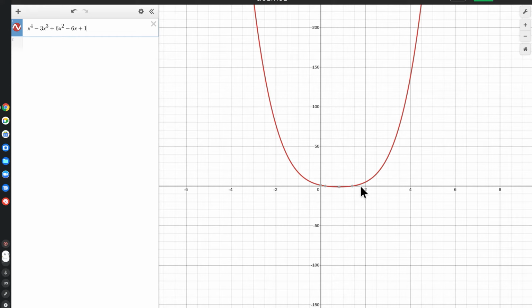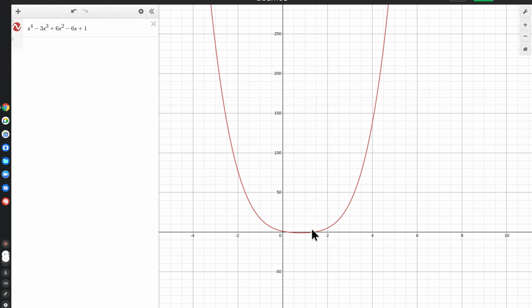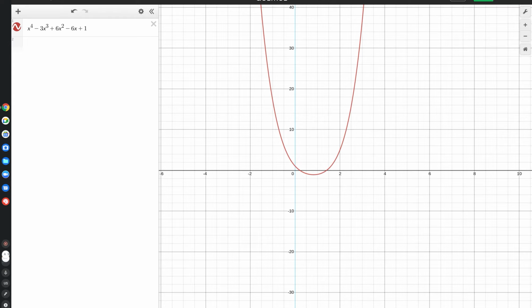I've just zoomed this out a little bit, because otherwise this would just skyrocket straight up. But now we can see it looks kind of like a parabola, a little more scrunched up towards the center. But it's not just because of the scale.